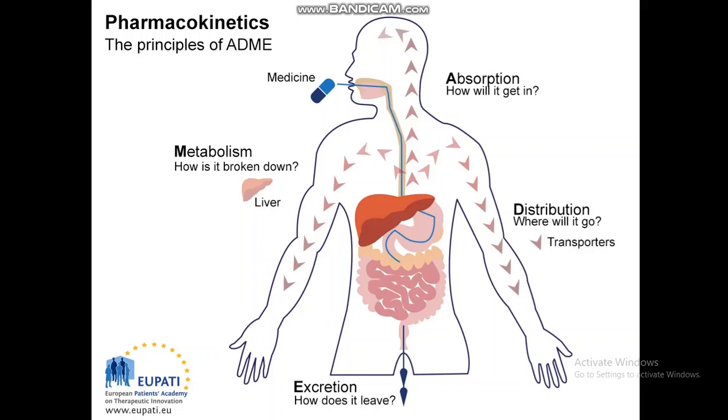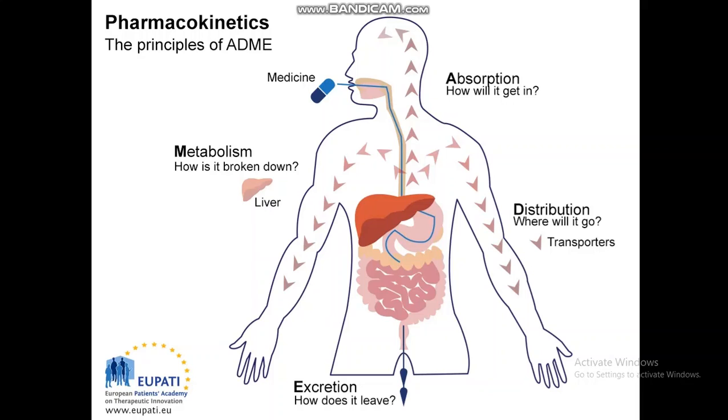Pharmacokinetics. If we look in detail, absorption is how it will get in. How will the medicine be absorbed, either from the buccal cavity, mouth, or intestinal absorption, or intravenous injection. So absorption means the drug has entered inside our body into the bloodstream.